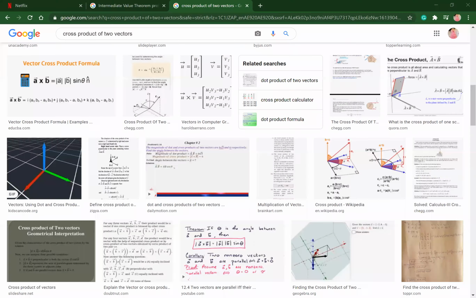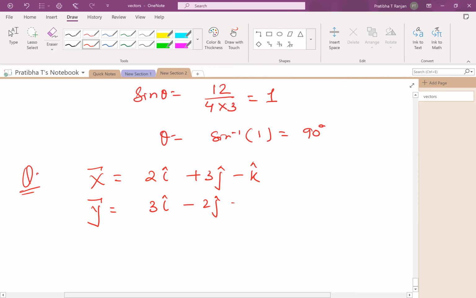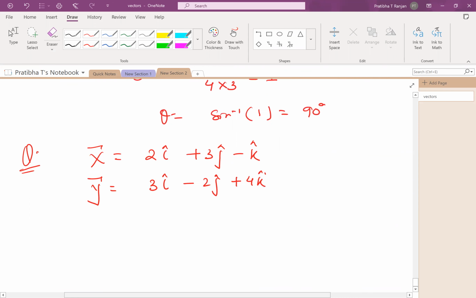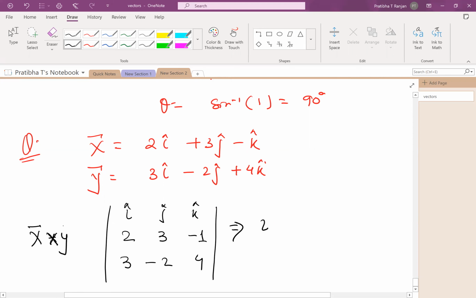So let's do one question. Suppose my vector x is 2i cap plus 3j cap minus k cap, and vector y is 3i cap minus 2j cap plus 4k cap. So we need to arrange in table form: i, j, k, then 2, 3, minus 1, and 3, minus 2, and 4. Now we need to find the cross product x cross y.